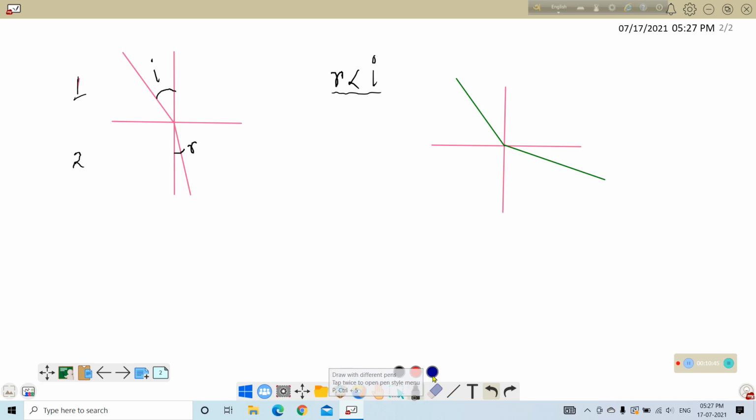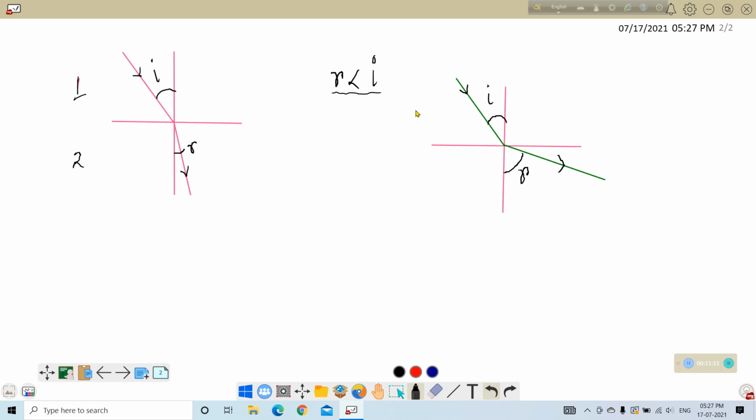In this case, this is I. In geometrical optics, you have to indicate the sign of the rays. So this is I and this is R. Watch the distinction between the two media.